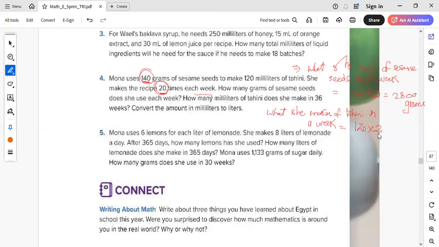We multiply 120 by 20 to get what she makes of tahini in a week. So we drop two zeros at first, and 12 multiplied by 2 equals 24. So she makes of tahini 2,400 milliliters.